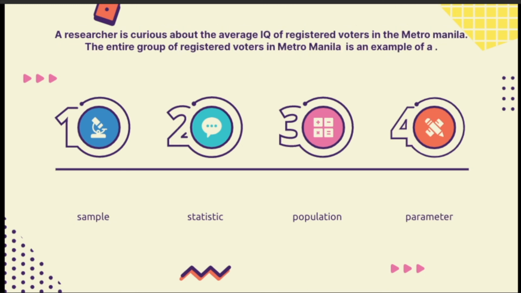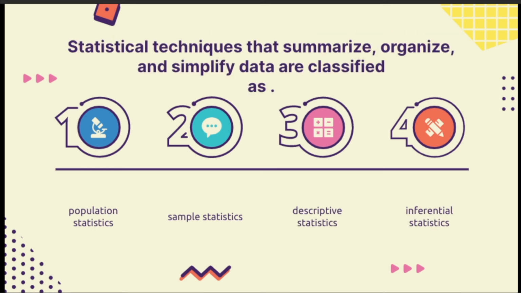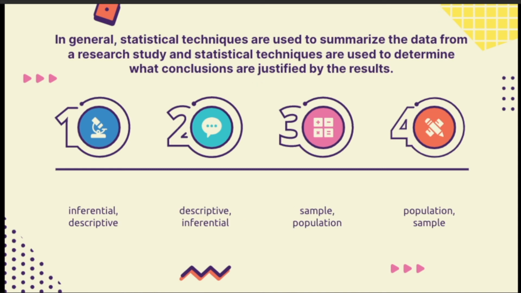Number 2. A researcher is curious about the average IQ of registered voters in Metro Manila. The entire group of registered voters in Metro Manila is an example of sample, statistic, population, or parameter? It's population. Next, statistical techniques that summarize, organize, and simplify data are classified as descriptive statistics.